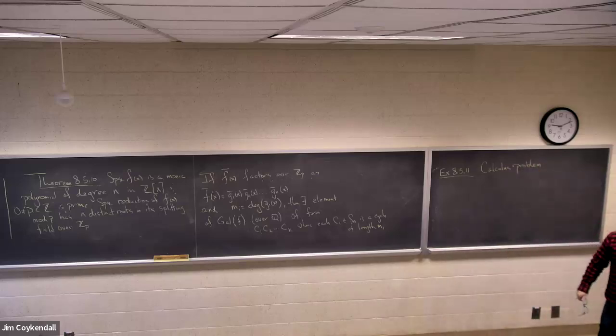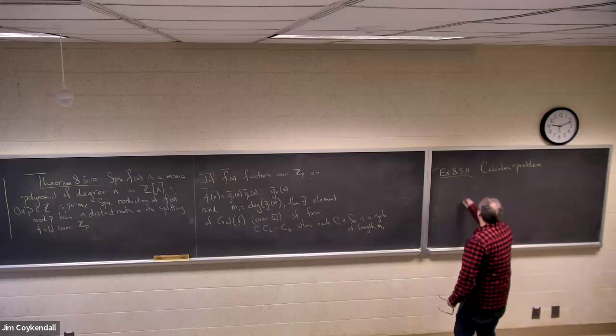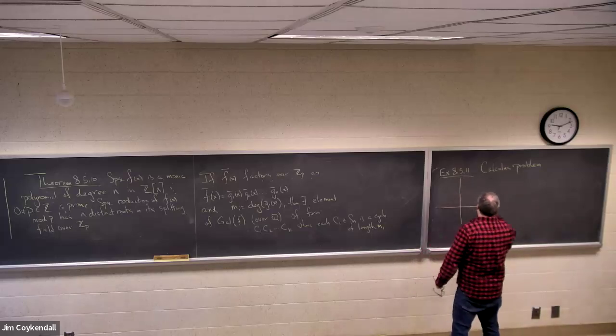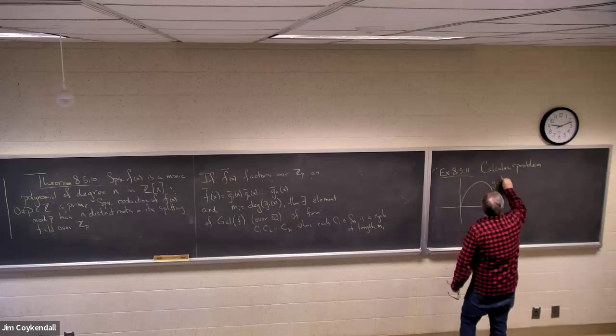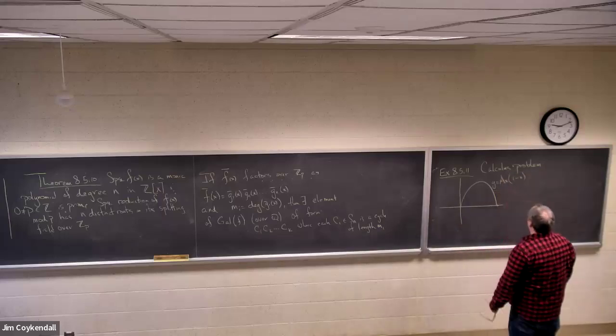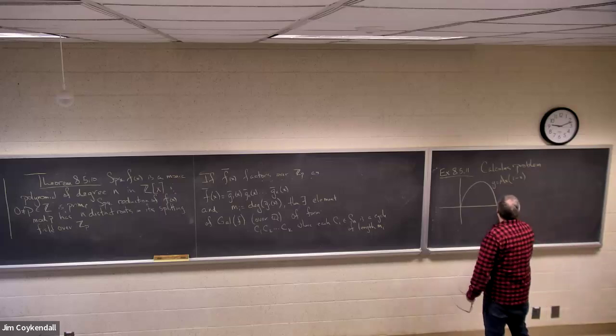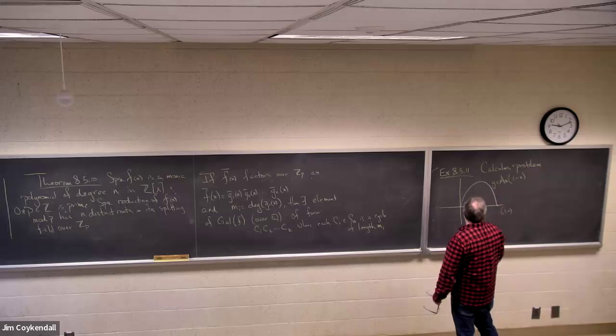I was at New Mexico State. I taught a large lecture Calc 2 class, and this was one of my problems. This is the parabola y = 8x(1 - x). So this is the point (1, 0) and (0, 0).